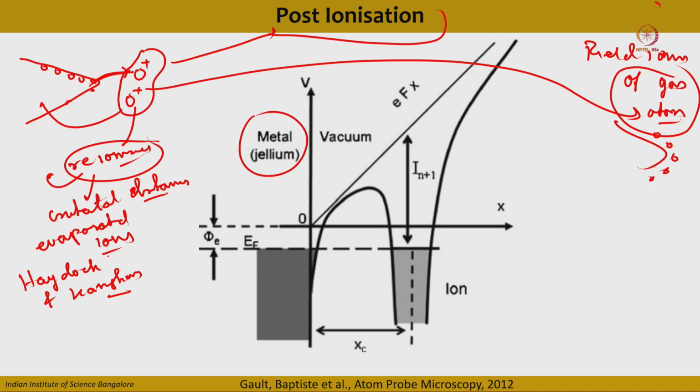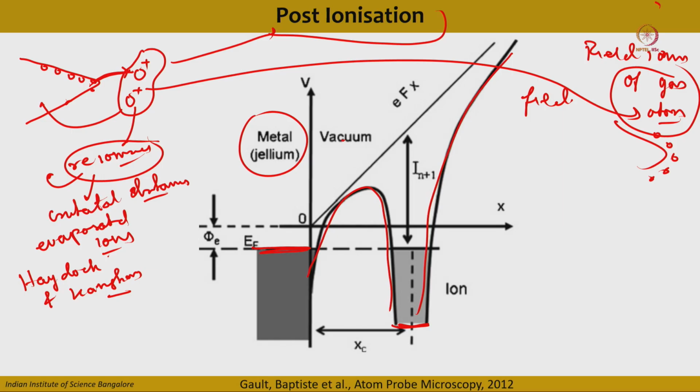So this is your tip surface, this is vacuum, and on application of field, the potential energy gets distorted like this. Okay, this is called the work function. This is your minimum potential energy. Fine.